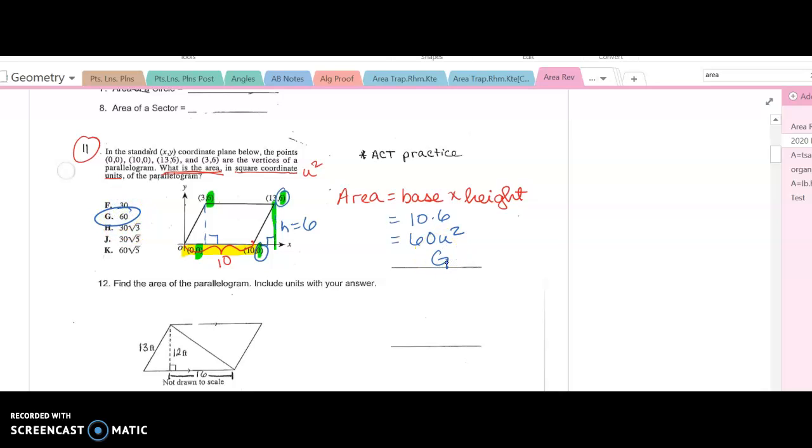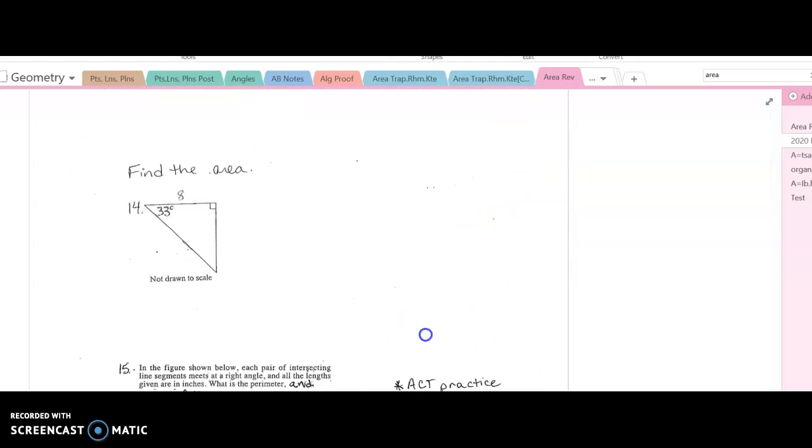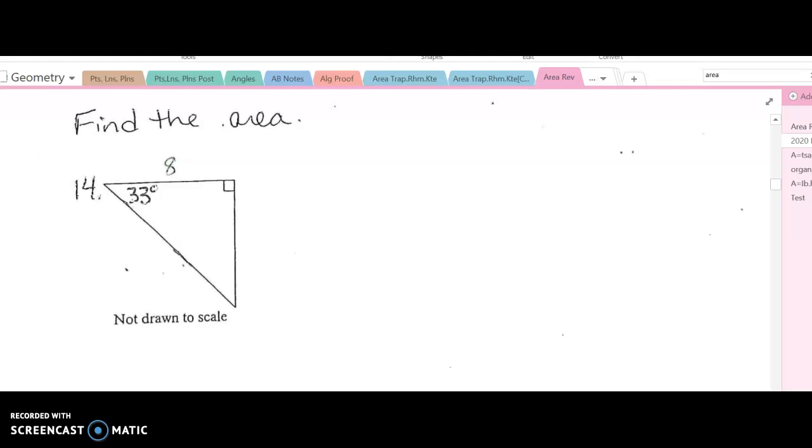Okay, the next one that was asked about in class was number 14. This one said find the area. We know this is a triangle, so we're going to say 1/2 base times height. First of all, we know these altitudes are the sides of our triangle.